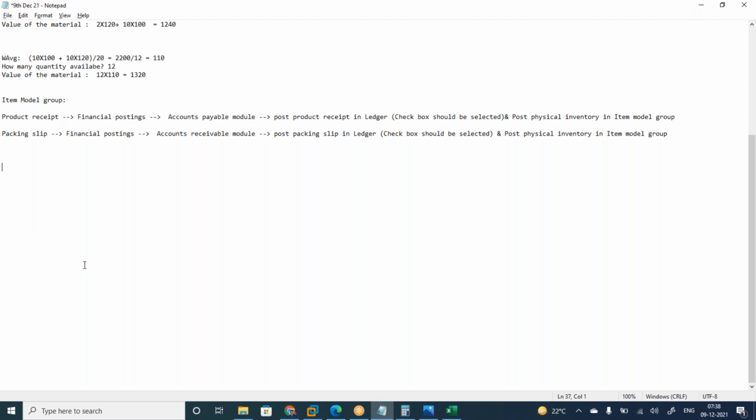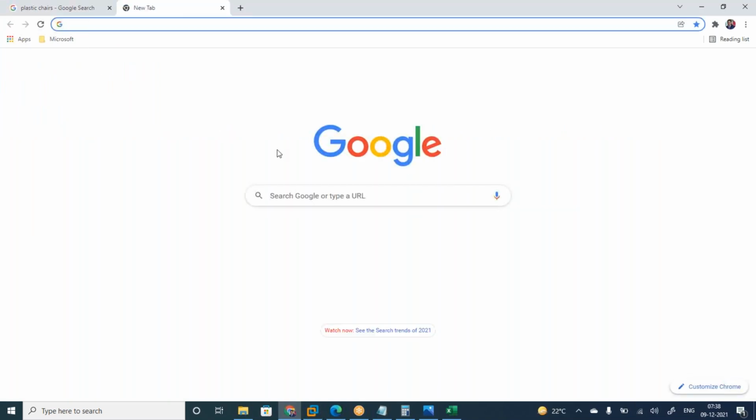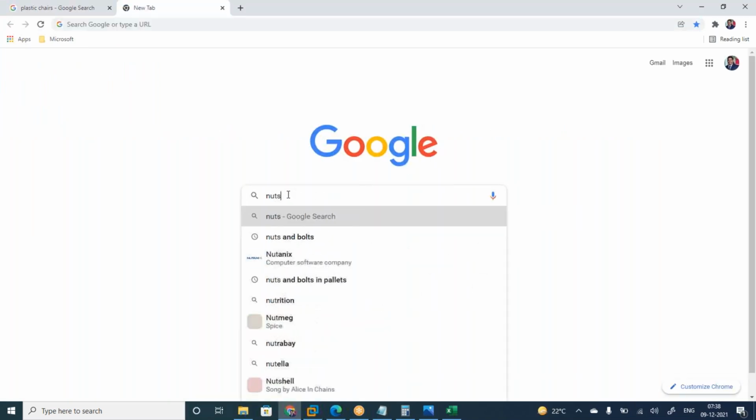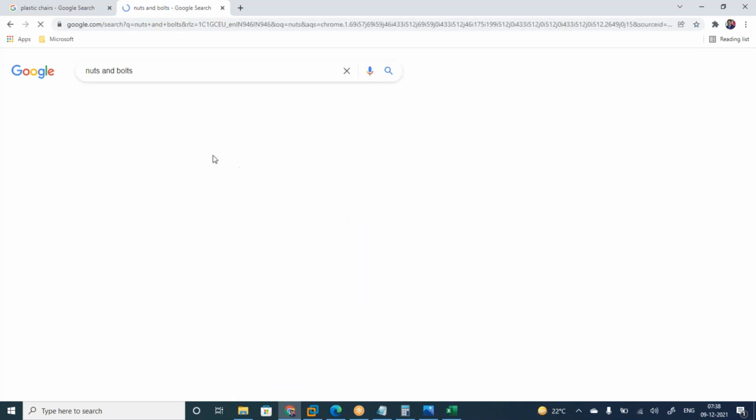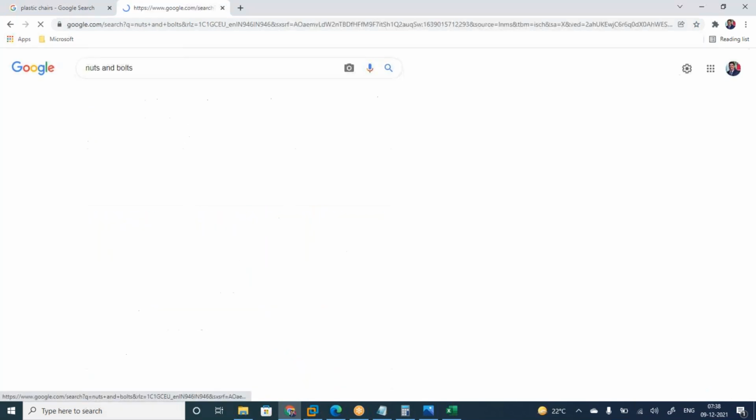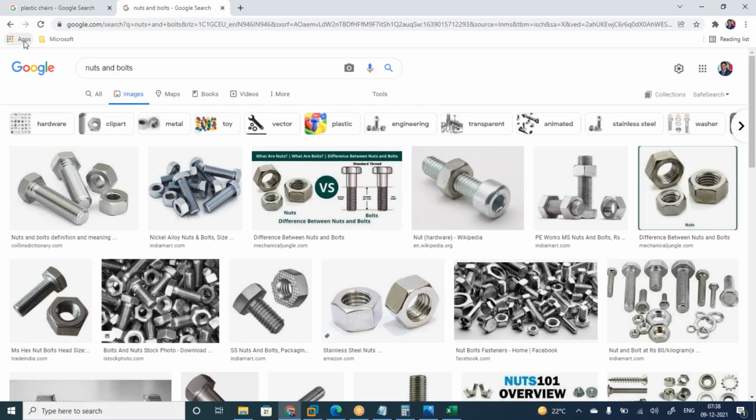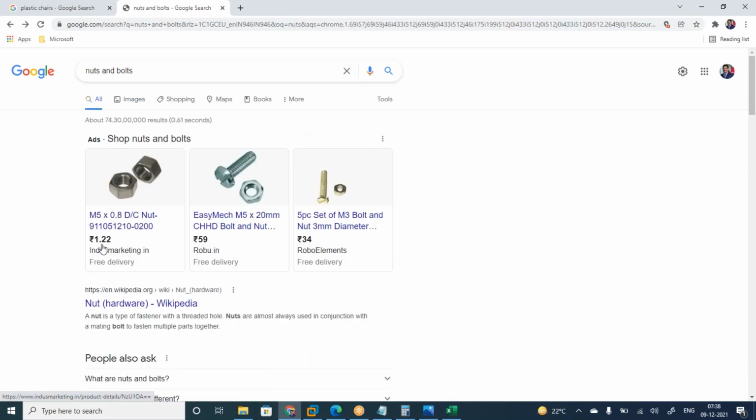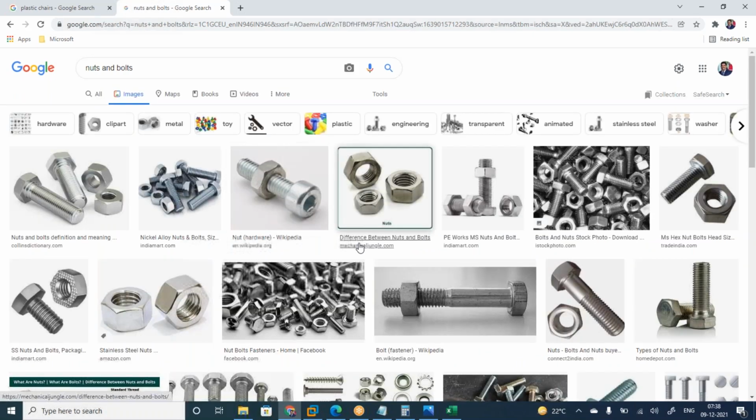But I'm running my business in automobile spare parts, and I'm purchasing nuts and bolts, and I'm selling. If you look at this one, it is 1 rupee 22 paisa, this is some 59 rupees. But sometimes it may be very cheap. For 10 rupees, they will give you 100, each one is 2 paisa or 5 paisa.